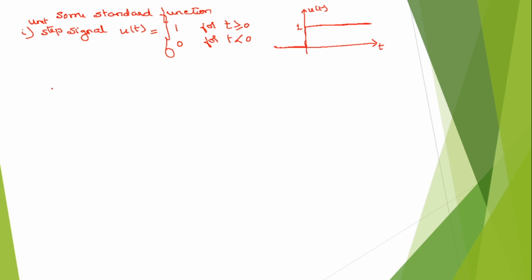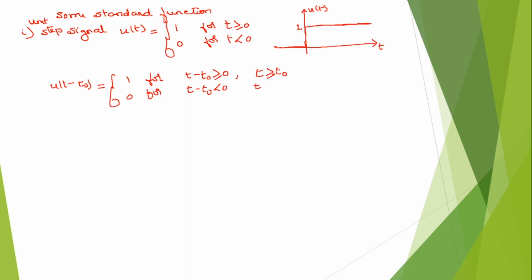Now what happens with u of t minus t naught? U of t minus t naught is 1 for t minus t naught greater than or equal to 0, and 0 for t minus t naught less than 0. T minus t naught greater than 0 means t greater than t naught.